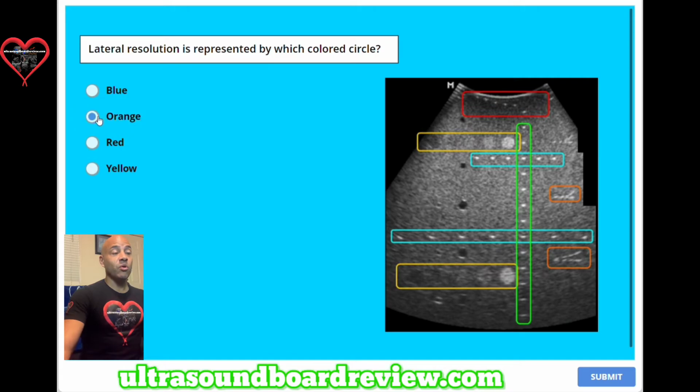The answer is orange again. This is because when the transducer is on top looking down, it's looking at axial resolution. But when the transducer is on the side here and looking this way, it's looking at lateral resolution. So this is used for both axial and lateral resolution.